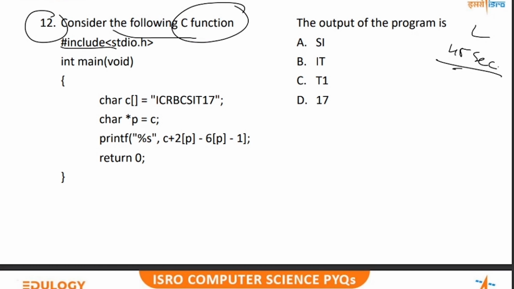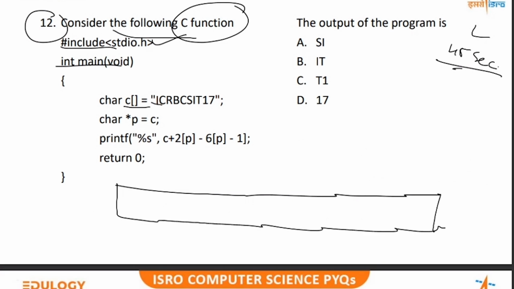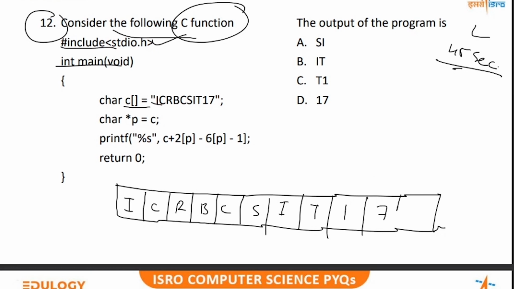The include is a header file, as you all know. int main. Here a character array is given: I, C, R, B, C, S, I, T, 1, 7, and at the end there is a null character, which is \0.